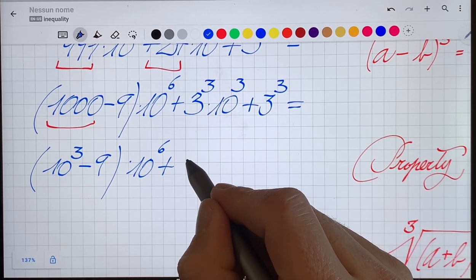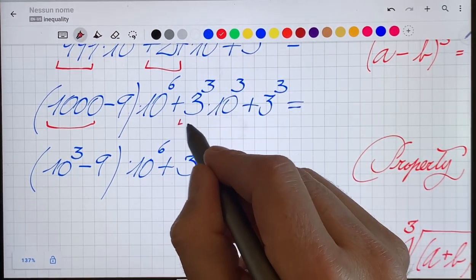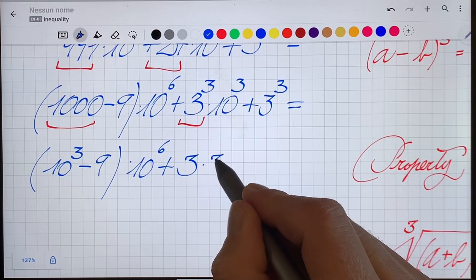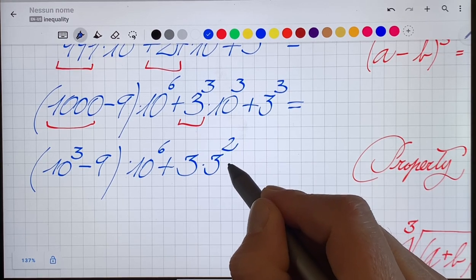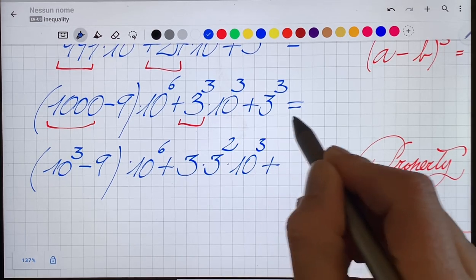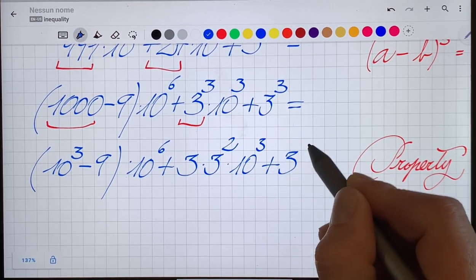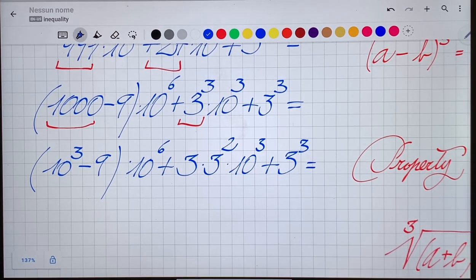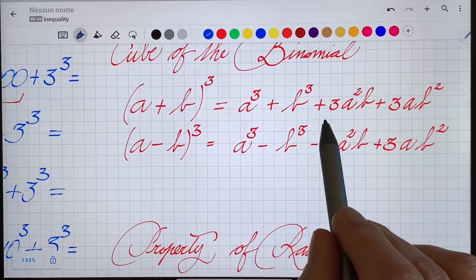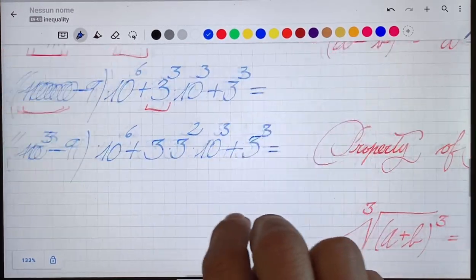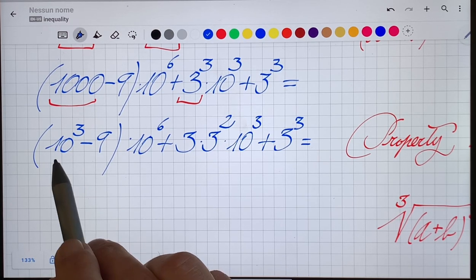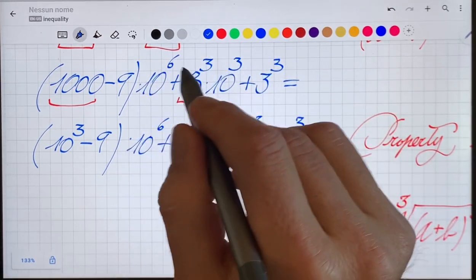It can be written as 3 times 3 to the power 2 times 10 to the power 3 plus, and I will write it back, 3 to the power 3. I need this 3 because in here there is a 3. Okay? And then I will multiply 10 to the power 6 by 10 to the power 3.